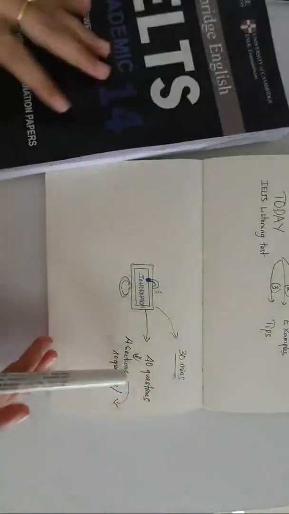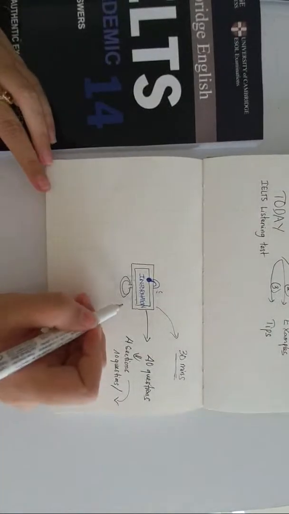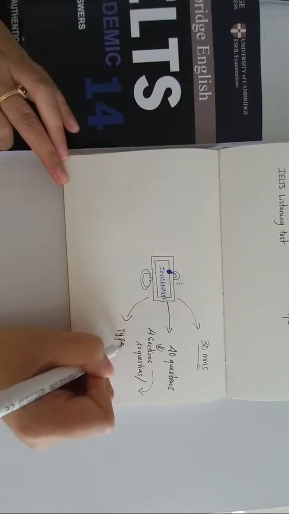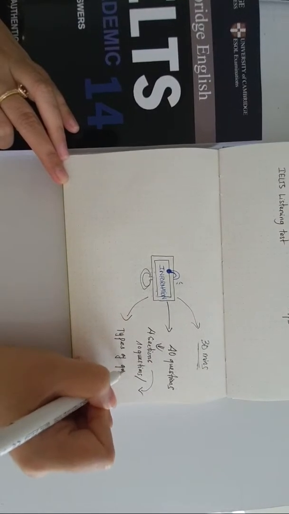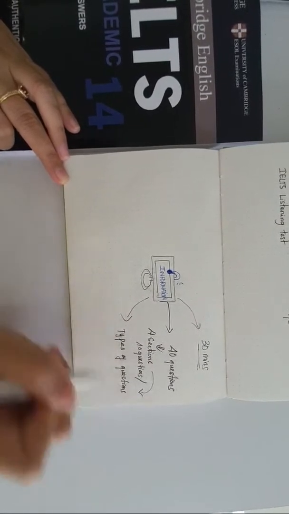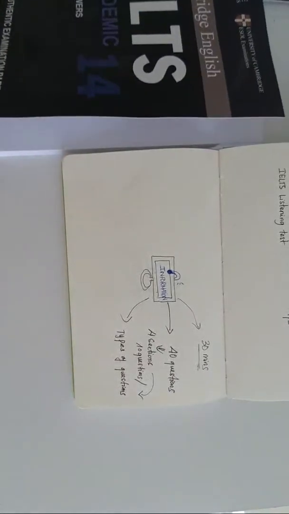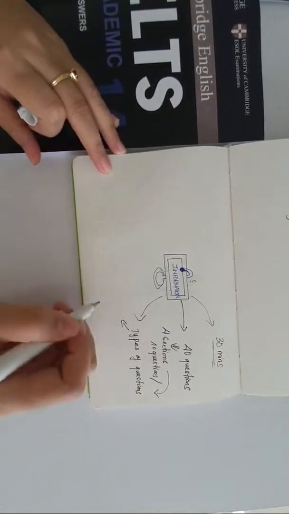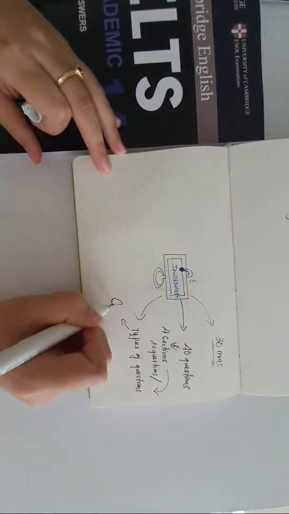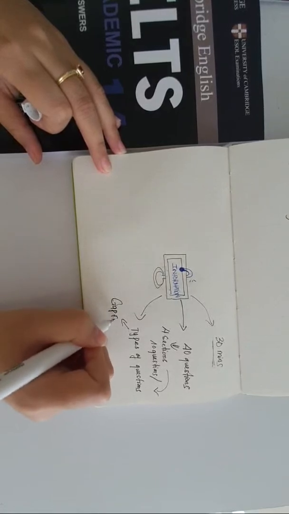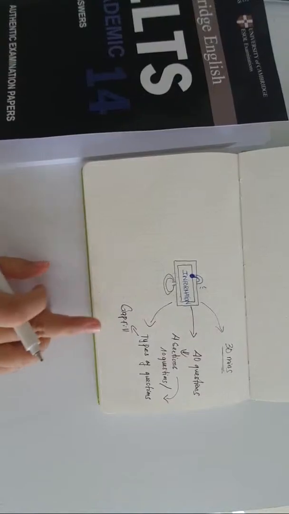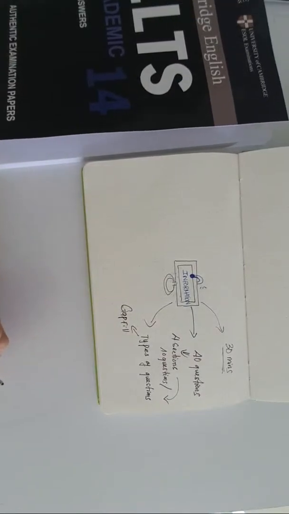Let's talk a little bit about the types of questions. Can anybody tell me? Normally we have gap fill, which is one of the common types of questions in the IELTS listening test.